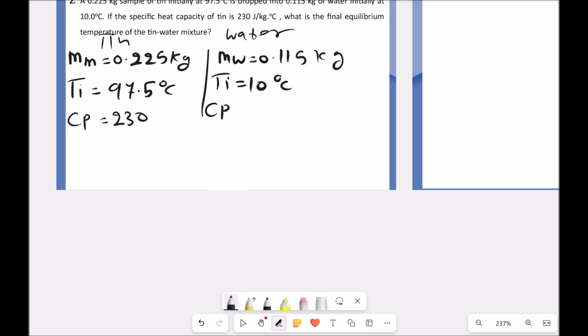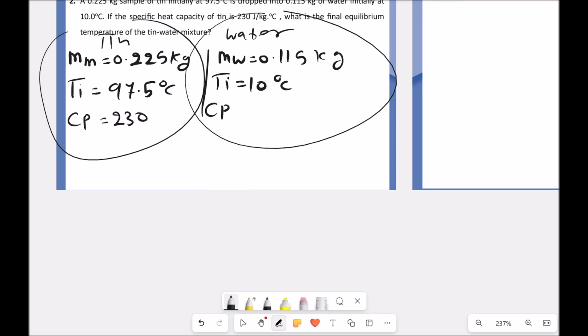When you are dealing with specific heat capacity problems, write the givens for the first substance and write the givens for the other substance too, so you don't mix them. So Cp of water is equal to 4,186. Of course they both have the unit of joule per kilogram per Celsius.